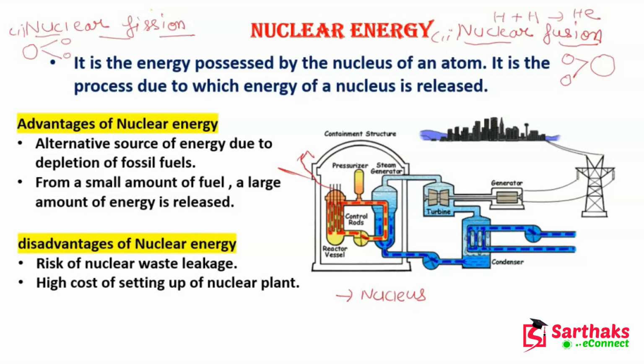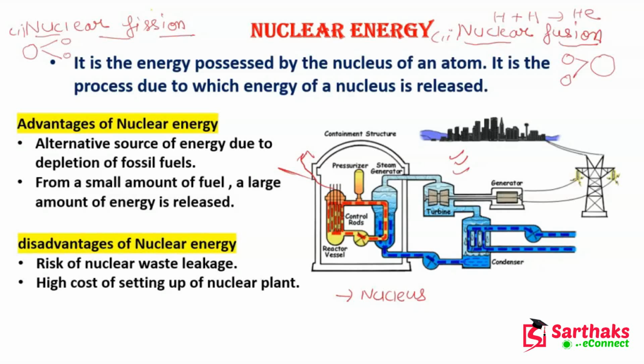So this heat is used to boil this water and convert it into steam. This steam is used to rotate the turbine. As you can see in this picture, the water passing here is heated by the energy produced by the nuclear reaction.